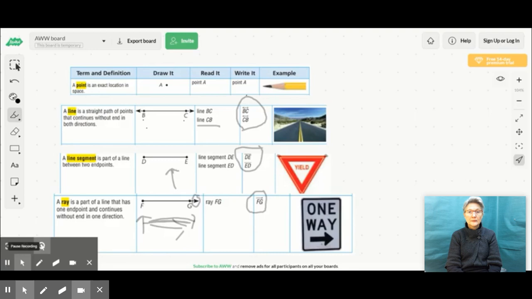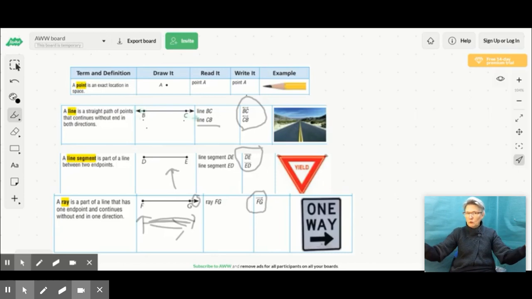To summarize our terms here, because some of these will look a bit similar, it can get confusing. We know that a line segment is part of a line between two endpoints, right? And the difference between that line segment and a line is that a line continues without end in both directions, which is signified by those arrows on both ends.